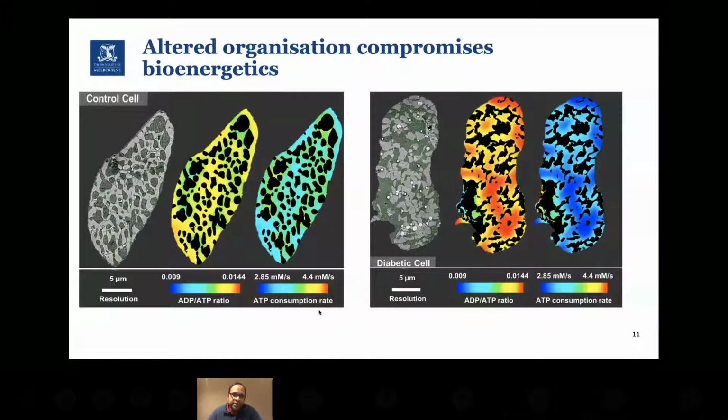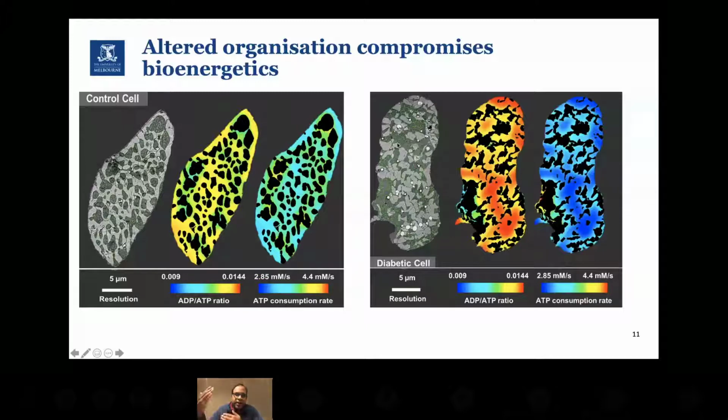And then what we can do is simulate different conditions. Here you've got the electron microscope image that I've shown you of the control myocyte, and then we overlay the ADP to ATP ratio, ATP consumption rate, and there are many other variables in the model that I don't have time to show here.